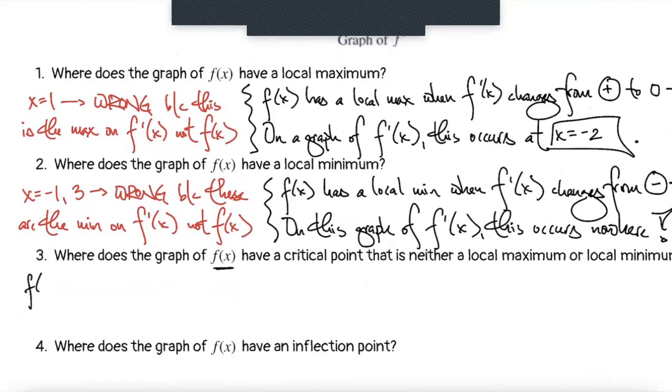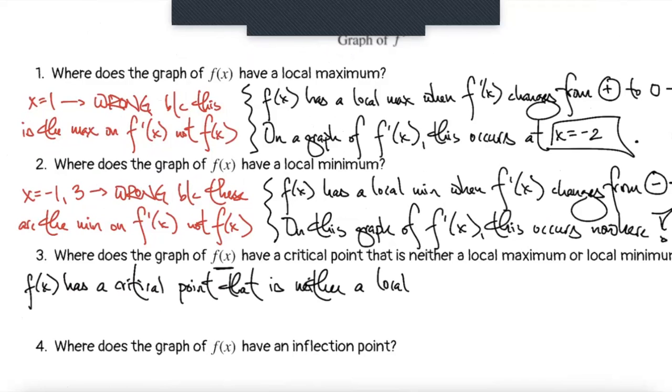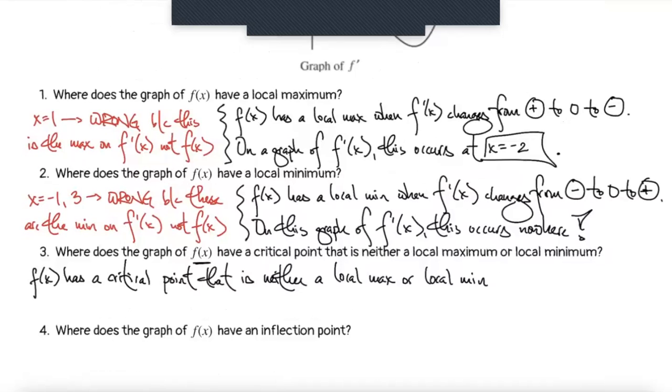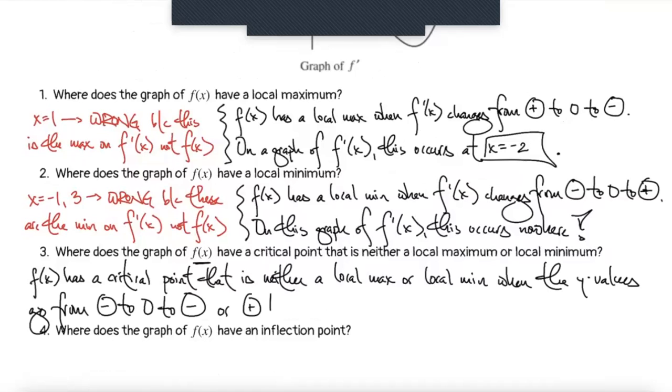Well, we can say that f of x has a critical point that is neither a local max or local min, when the Y values go from negative to 0 to negative, or positive to 0 to positive.